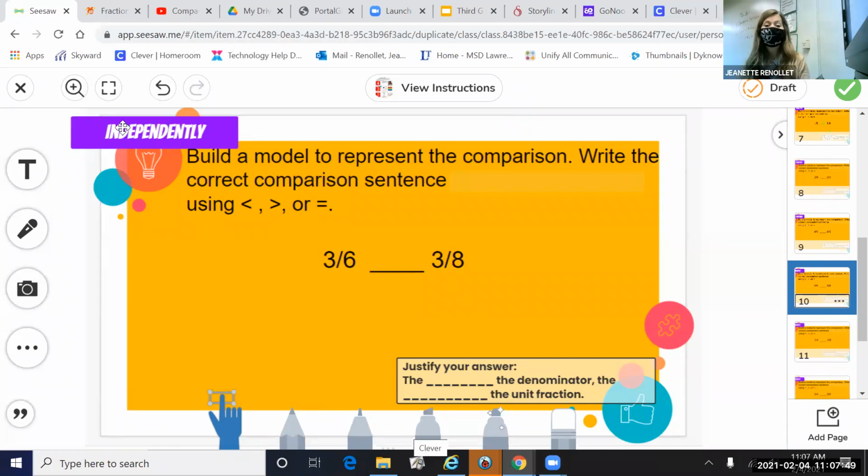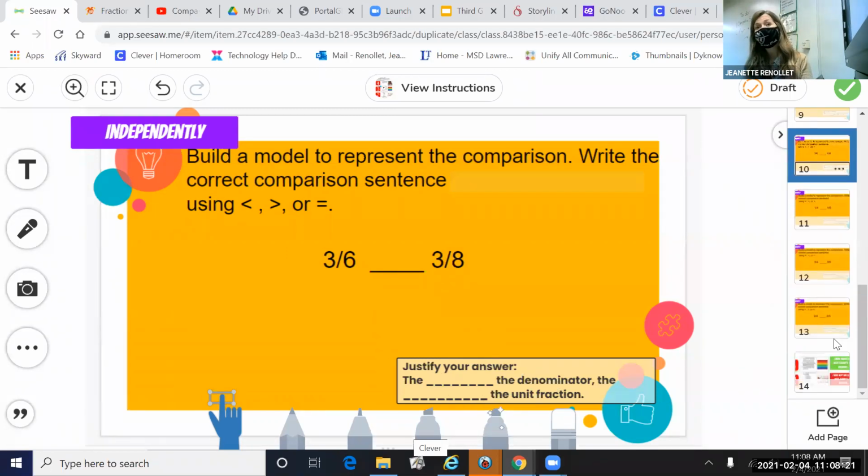That way I can see the model you built, and it helps me understand what you were thinking when you did your comparison. So you're going to build a model using the tool, take a picture of it, put it on your Seesaw task, and then you're going to compare greater than, less than, or equal to. Then you're going to justify your answer by typing in words like we've done together.